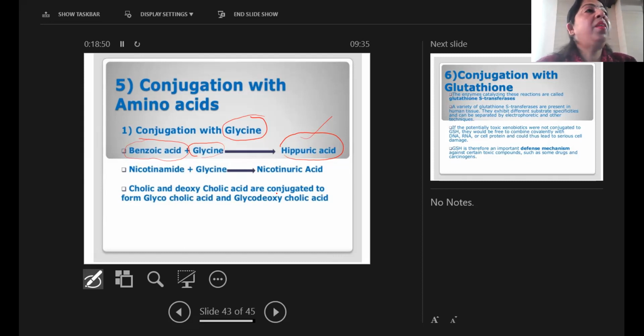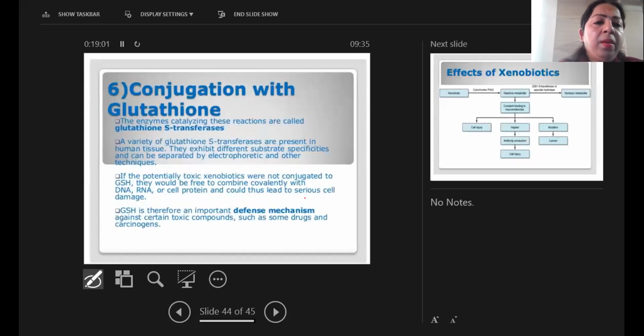So the cholic and deoxycholic acids are conjugated to form glycocholic acid and glycodeoxycholic acid. The next is conjugation with glutathione.